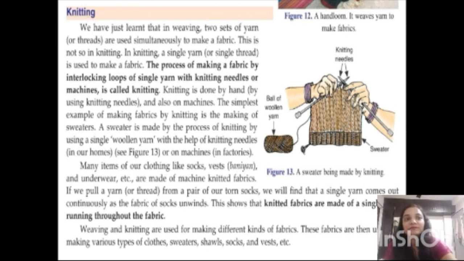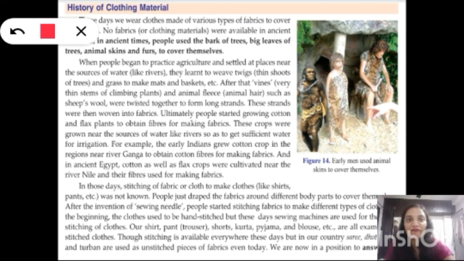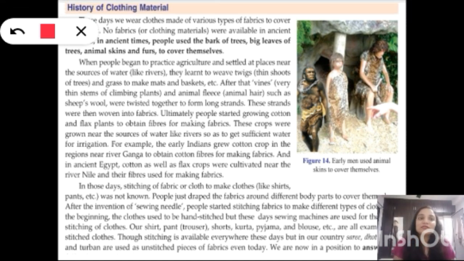Next is the last topic of this chapter, the history of clothing material. It is not that from the previous age everyone was wearing the kind of clothes we wear today. They did not have any clothes to cover themselves.